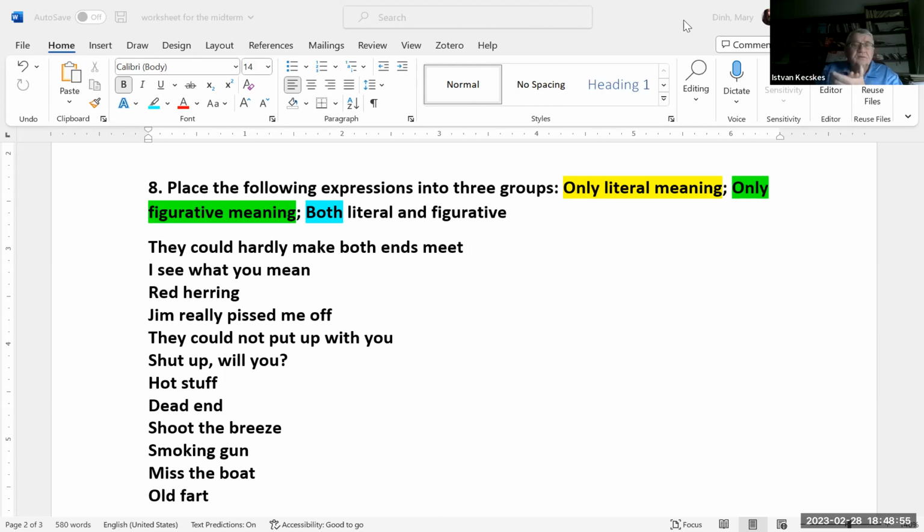Okay, guys, time is up. Let's go through these expressions and tell me which group you put them in. The first one: they could hardly make both ends meet. First, second, third.